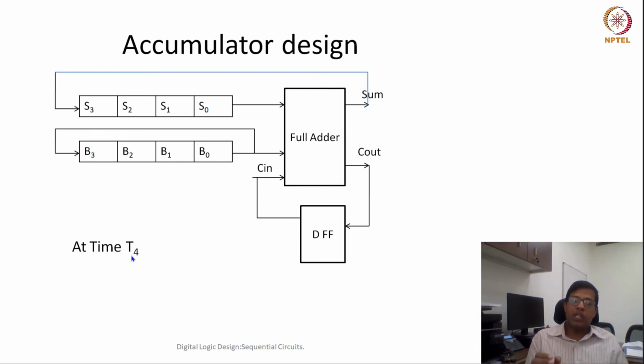We have done computation in T0, T1, T2 and T3, and by the end of T3, or in the beginning of T4, we have this sum completely ready, and our register B, the second operand, is again in the original position where we started.